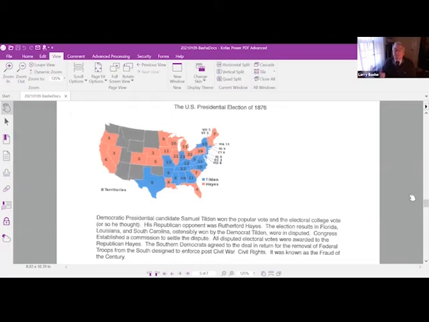So that process of sending the electoral college votes to the president of the Senate took place, but they had competing slates of electors. You remember the South then was under military control, and they had actually alternative governments in some of those states.